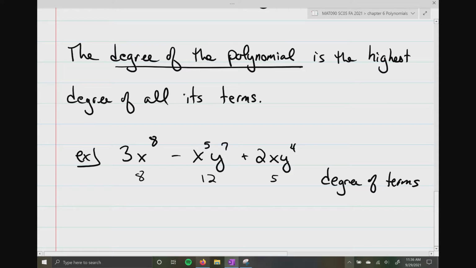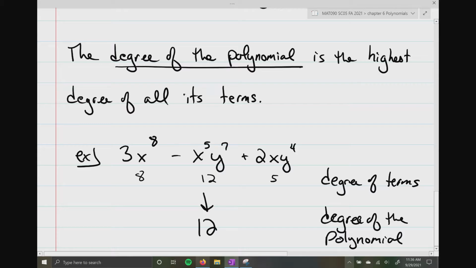Does that make sense? The degree of the polynomial is a 12th degree polynomial. So it's the highest degree of the terms. So terms can have their own degree, but the degree of the polynomial will tell you this is the highest. All right. Are there any questions there?